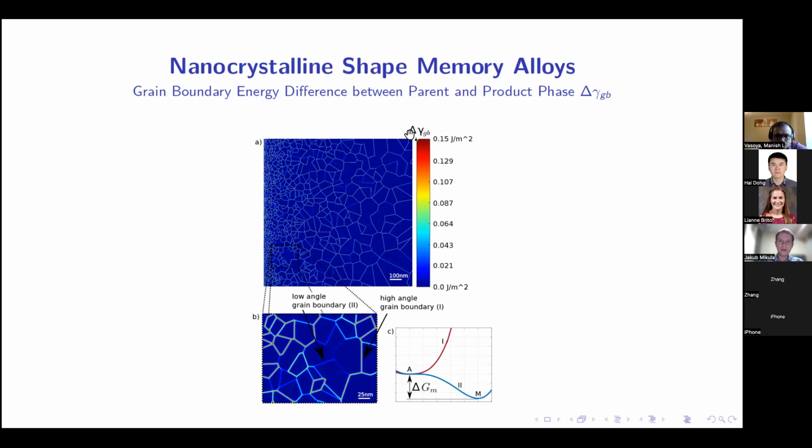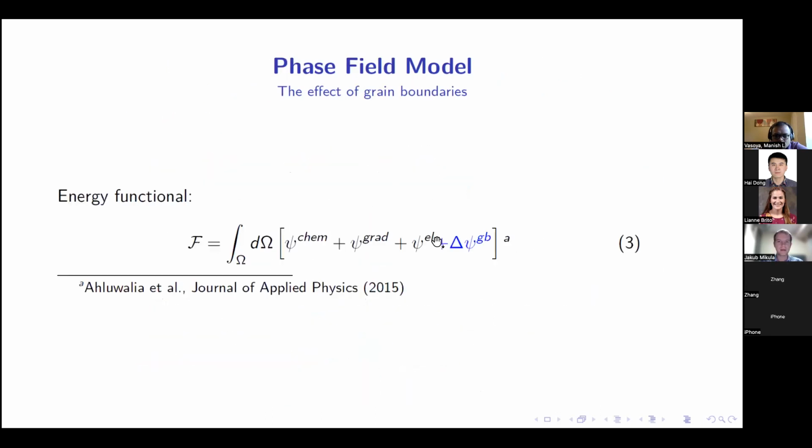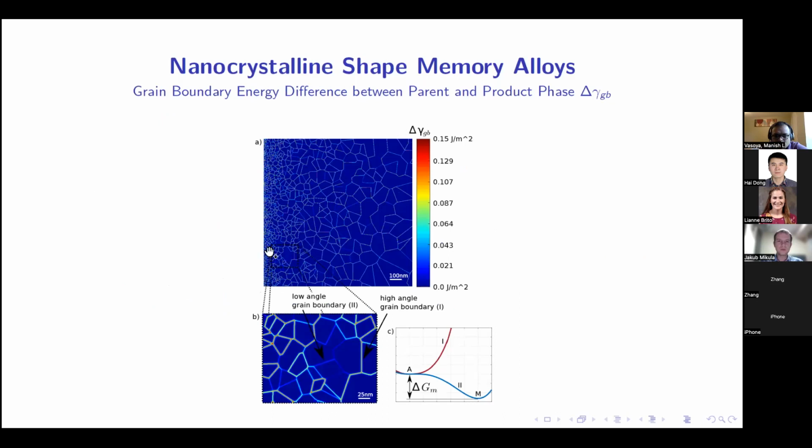What I show here is the extra grain boundary energy difference between the martensite and the austenite, which is basically this highlighted term. This was generated using the KWC phase field model. And you can see that this energy difference is misorientation dependent, so we have both low angle grain boundaries and high angle grain boundaries.